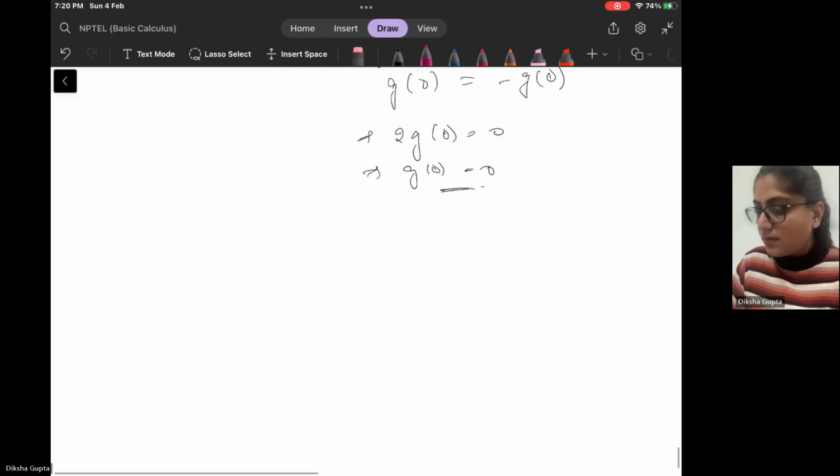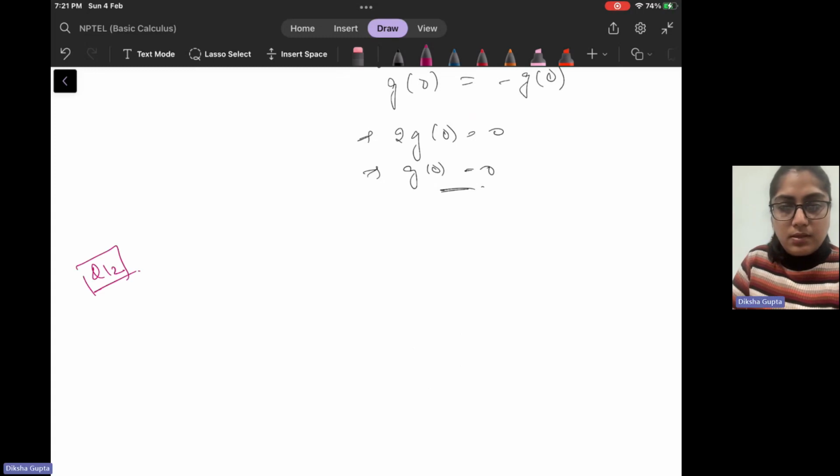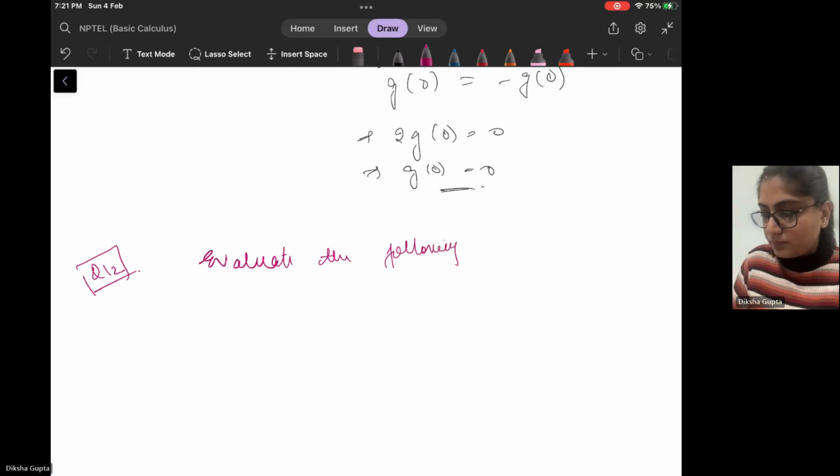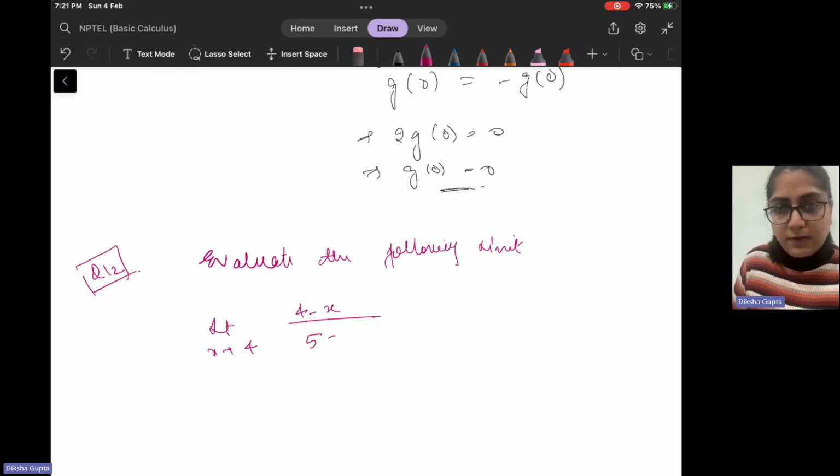Now the next question is on evaluating limits. Evaluate the following limit: limit x tending to 4, (4 minus x) upon (5 minus square root of x square plus 9).